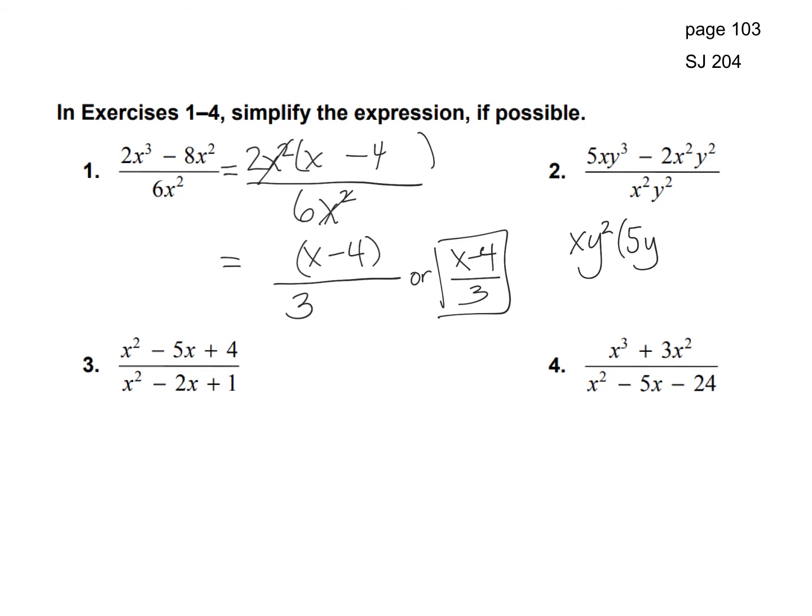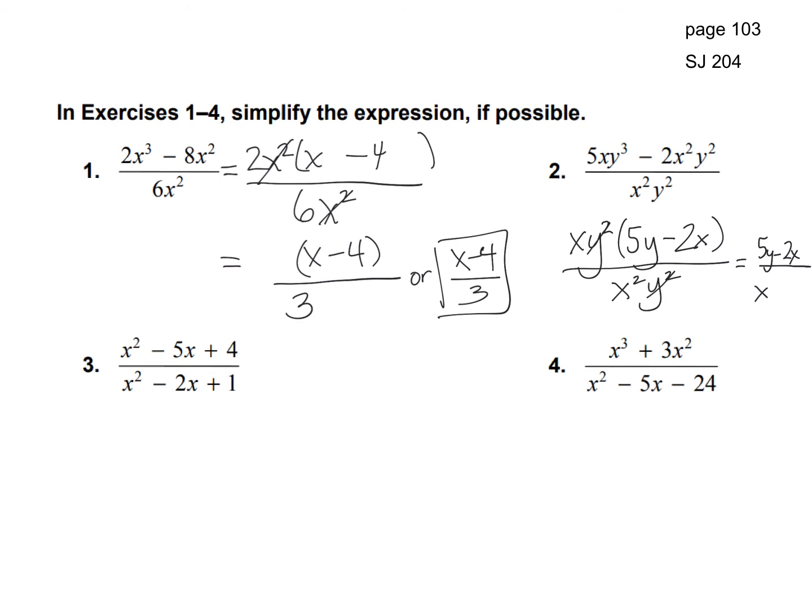Negative 2x squared y squared divided by xy squared, I believe, would be negative 2x. And then I need to reduce. x and x squared will reduce and leave an x in the denominator. By the way, 5y minus 2x will be in the numerator. And then the y squareds will cancel out.